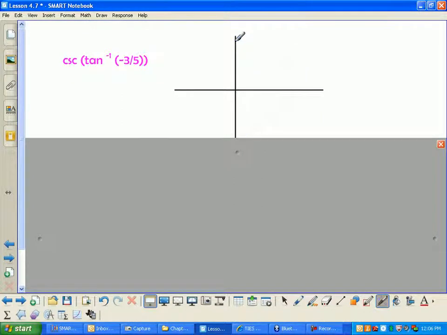And tangent is negative down here, positive up here. So since I'm talking about a negative tangent value, your triangle is drawn in the fourth quadrant. So when this part says find the one special angle whose tangent is -3/5, here's my angle. Tangent is opposite over adjacent.